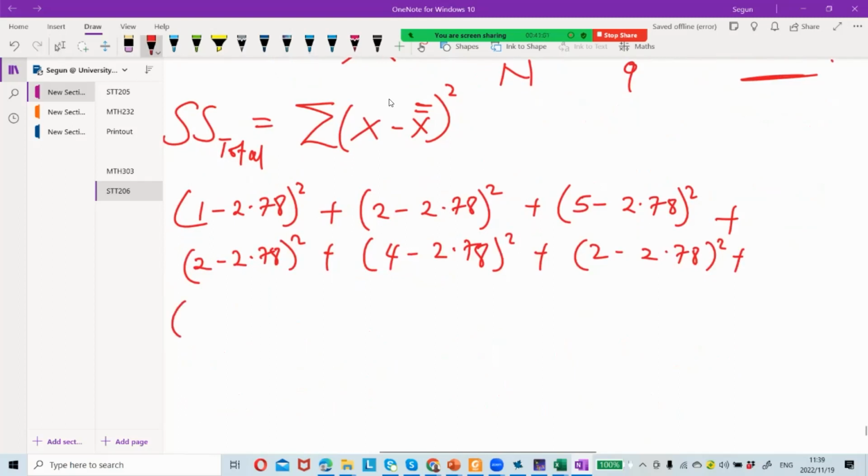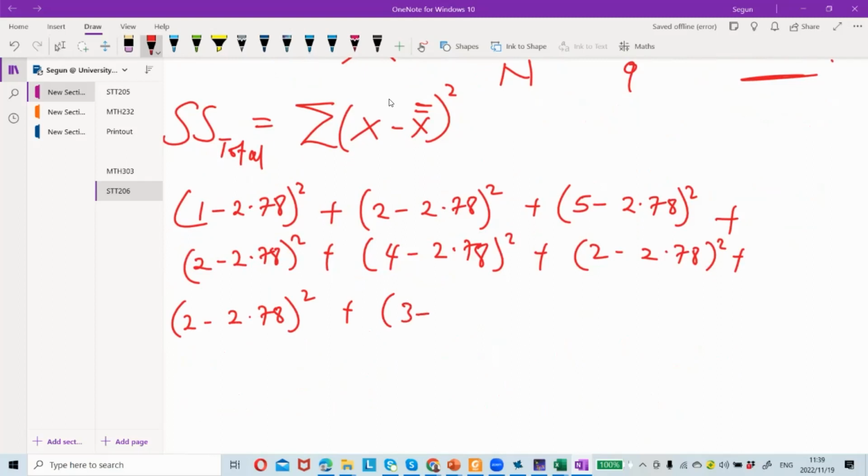Then here, 2 minus 2.78 squared plus 3 minus 2.78 squared. So are we plussing it together? Just give me this first one, we'll now add it together. The first one you punched, how many did you do? The first 3? Somebody else should do the second 3.